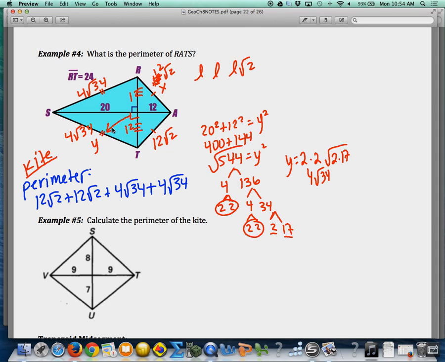You can only add if they have the same number under the root. So these two you can add. 12 root 2 and 12 root 2 is 24 root 2. These two you can add because they have the same number under the root. So that's going to be 8 root 34. The root doesn't change. That's it. You can't do anything else. You just leave your answer like that.